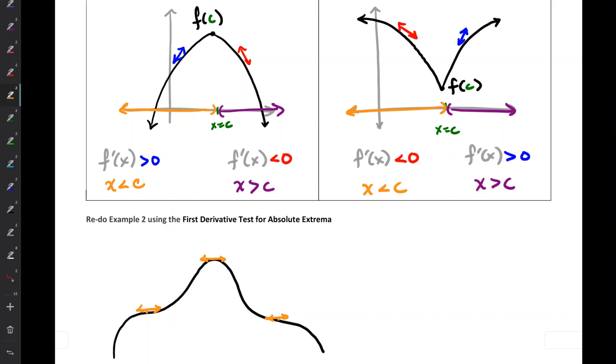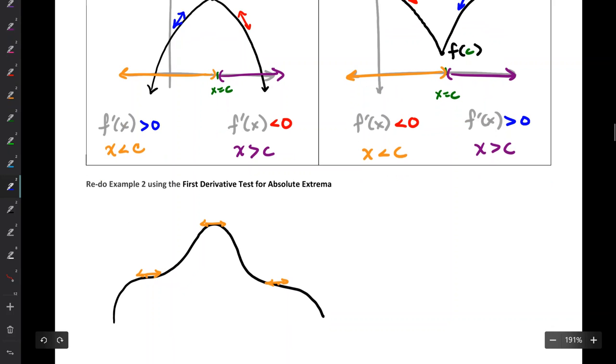But if you did your analysis testing the sign of the first derivative, you'd see it's positive, so it's increasing, constant for a second, then increasing again, then constant for a second, and then decreasing, constant for a second, and then decreasing.